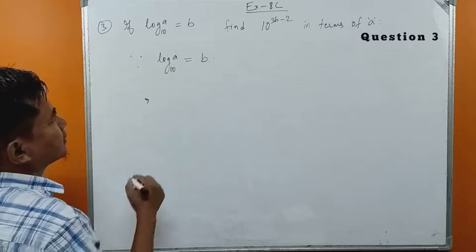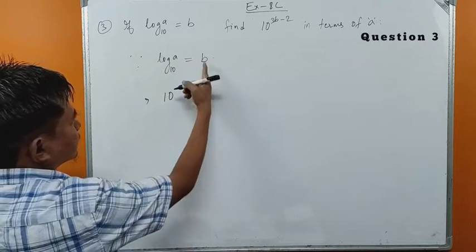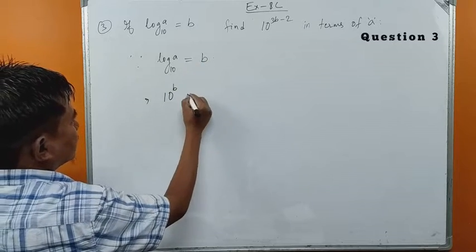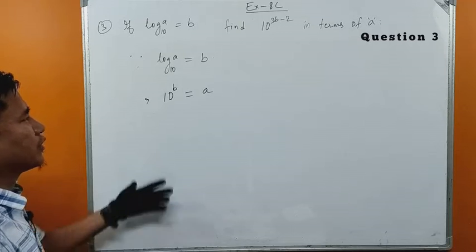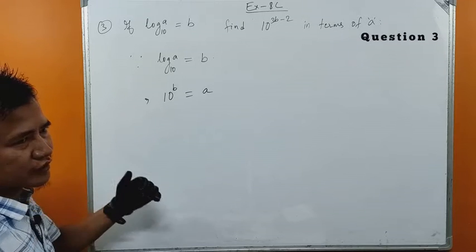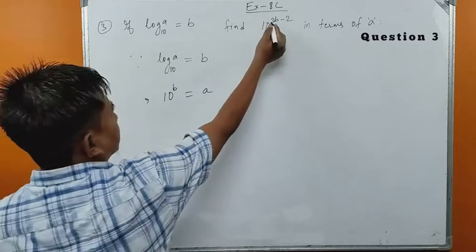How do we do that? This 10 is base, so we write base here. This b comes as power equals to a goes to the right hand side. This is how we convert logarithmic equation to exponential form. Okay, now we need 3b, isn't it?